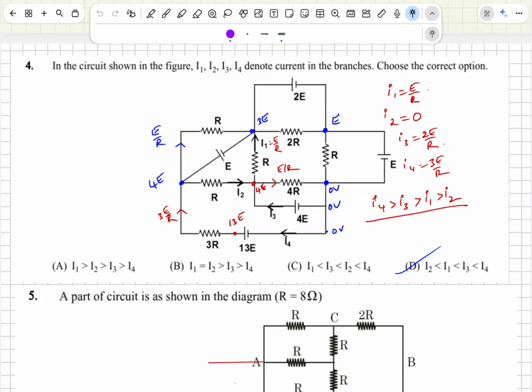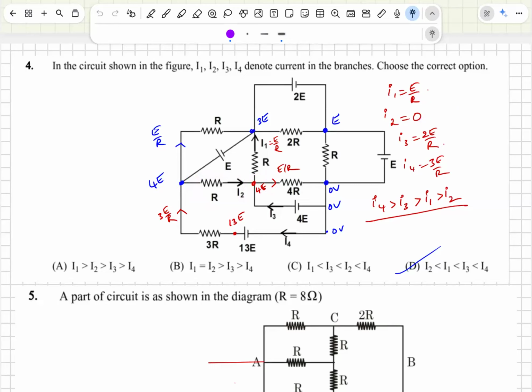The moment I took this as 0 volt, I got the opportunity to write this as E, this as 3E, and this as 4E. Besides, this is already 4E. One thing that I have noted is this is 4E, this is 4E, and no current through this, so I2 is 0.